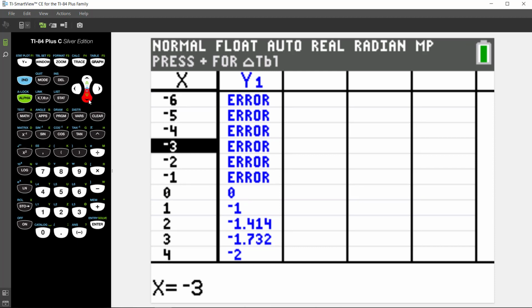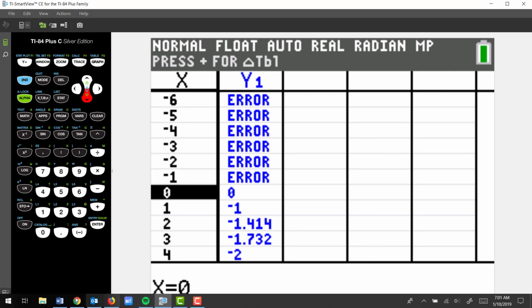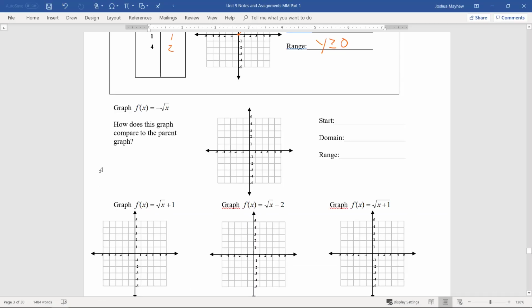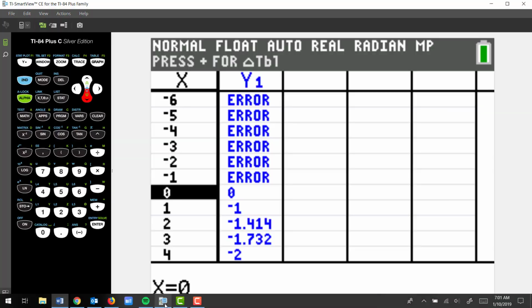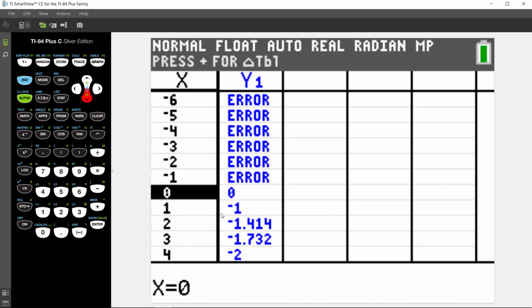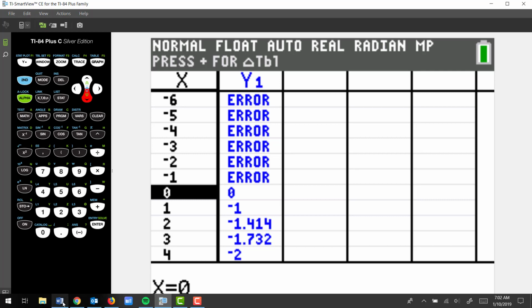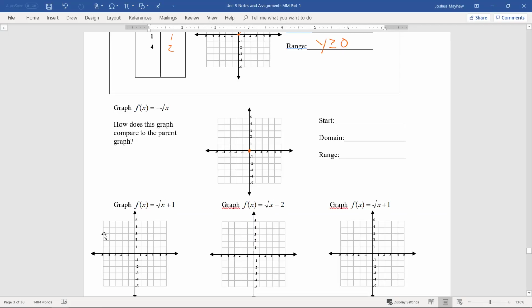You can see after (0, 0) it has an error, so (0, 0) is where it starts. Then we can just get a couple other points off of our calculator. I've got (1, -1), which is a good point, and (4, -2) is also a good point. I would not pick decimals if I were you.